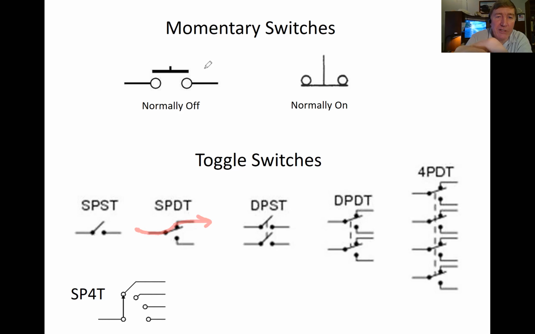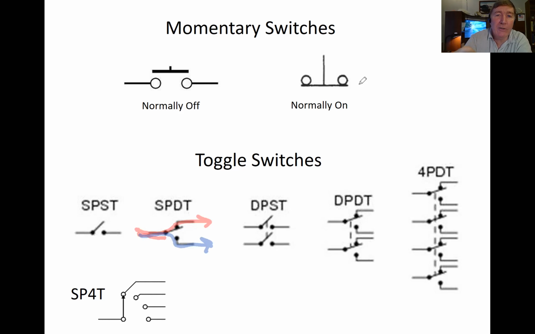If I flip the switch the other way, the current comes in here and goes out. So instead of off and on, I have a fork in the road, and I can direct the current either to the left fork or the right fork.